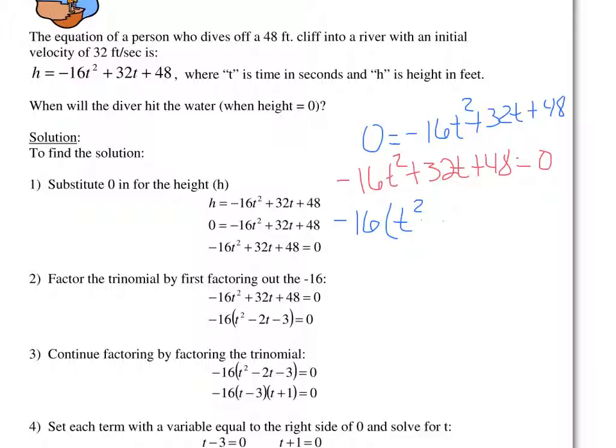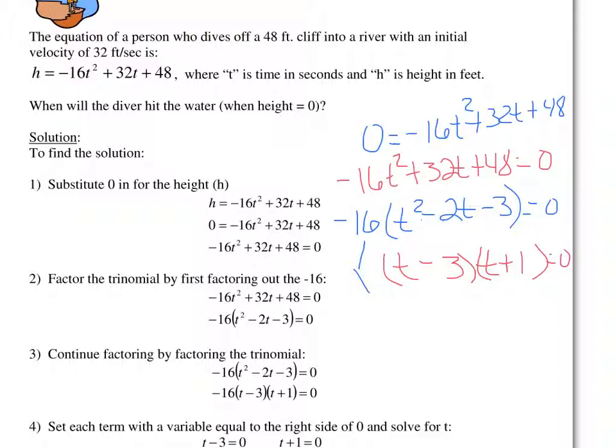So it's t squared minus 2t minus 3. And then, this is just a GCF, so nothing's happening with that. But this trinomial here is a standard trinomial that we can factor. So we'll have t times t, a minus and a plus, and factors of 3 that subtract to make 2 would be 3 and 1.